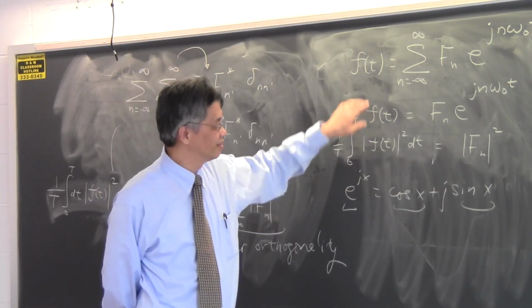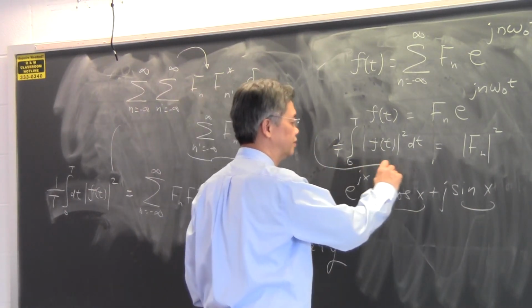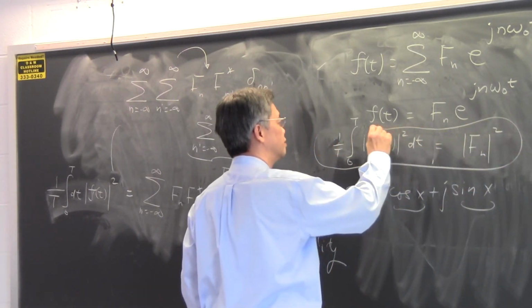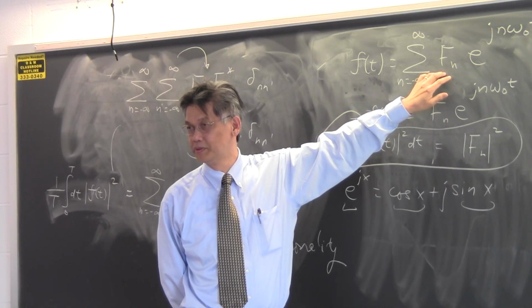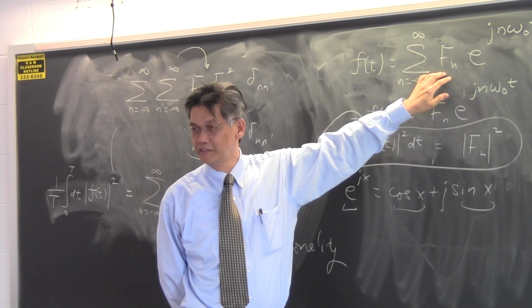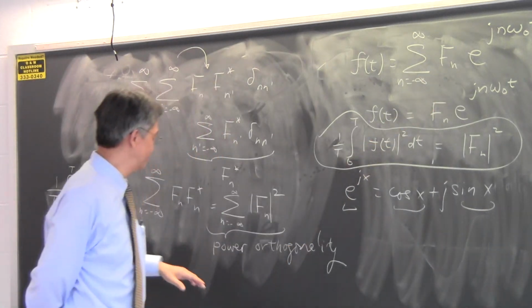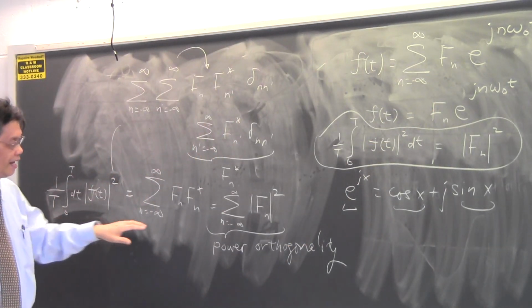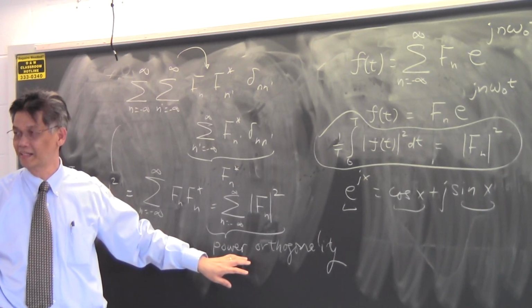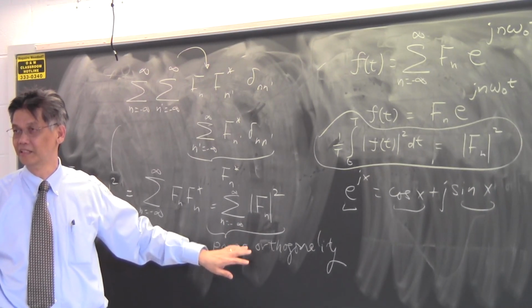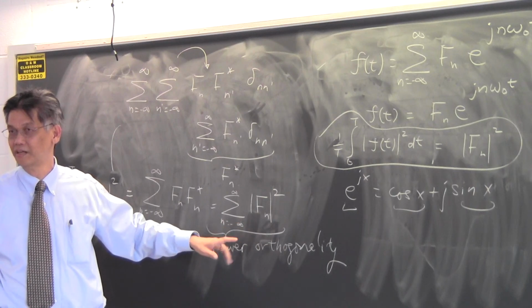It says that this identity still holds true when I have many Fourier harmonics superposed on top of each other. They don't interfere with each other. You can just add up the power term by term. This is the concept of power orthogonality. Okay, you see this concept here. Cross terms do not matter.